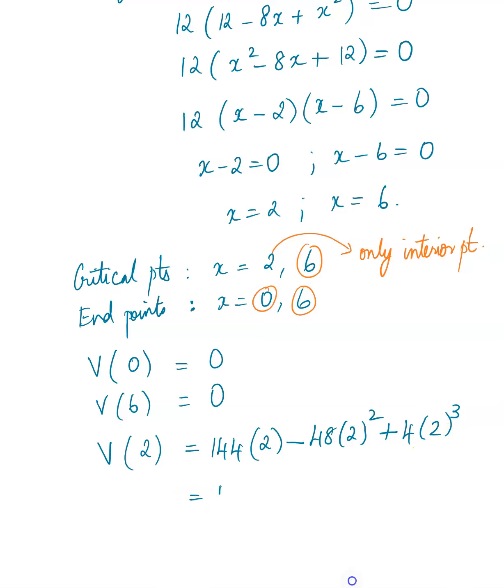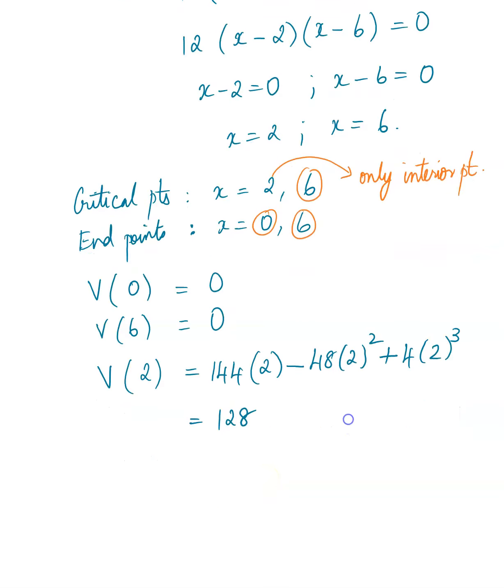Evaluate this and you get 128. Because these were all measured in inches, this is volume, so it's cubic inches. This is where we have the maximum volume, isn't it?